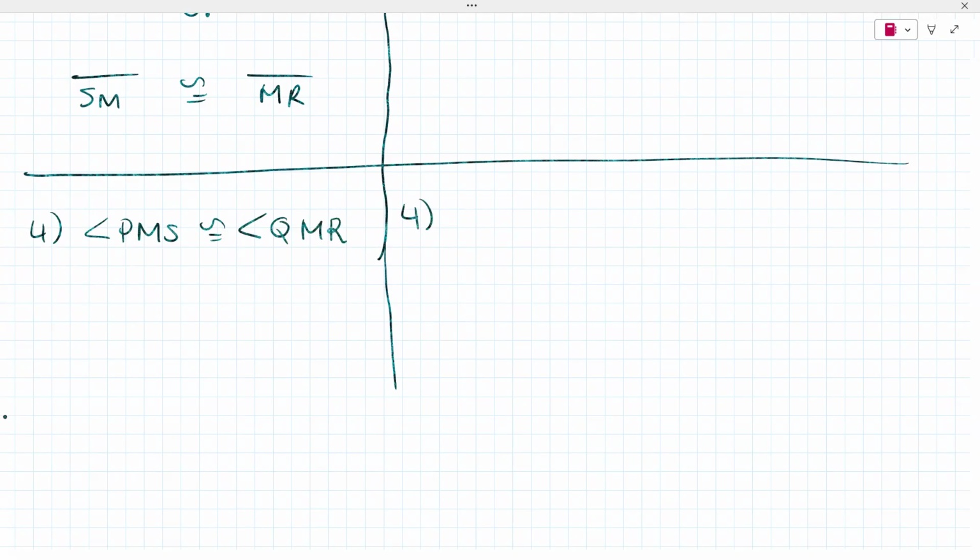And the reason is vertical angles are congruent.